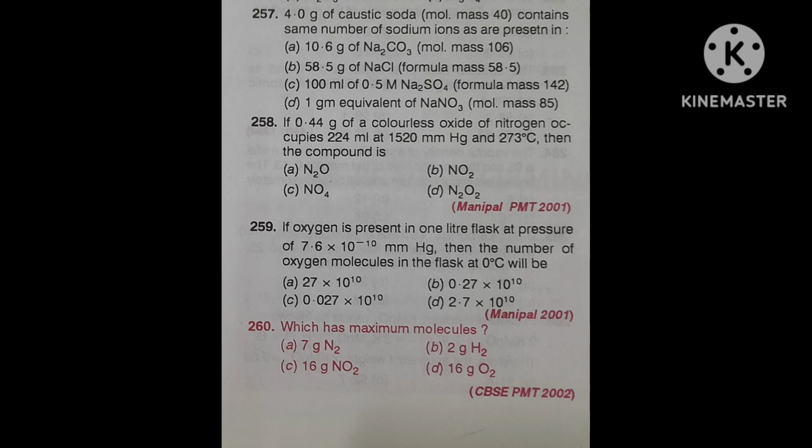You have 4 gram NaOH, which means 0.1 mole sodium ion. You have to compare which is matching with this. 58.5 gram NaCl means 1 mole sodium ion, so it is not matching. First is also not matching, second option is also not matching.